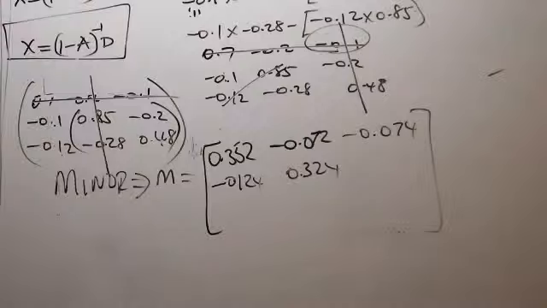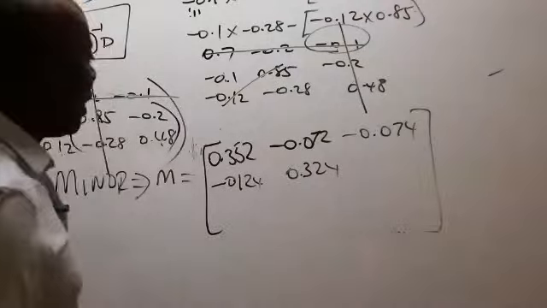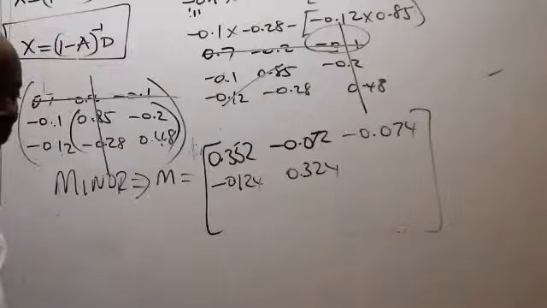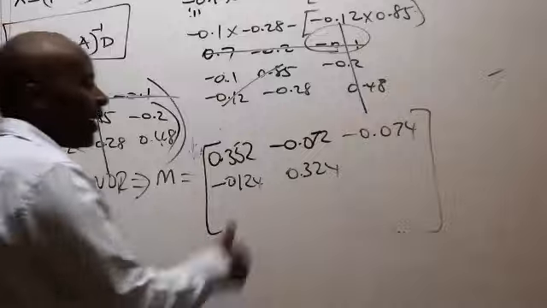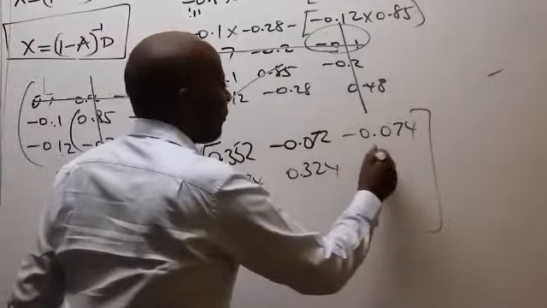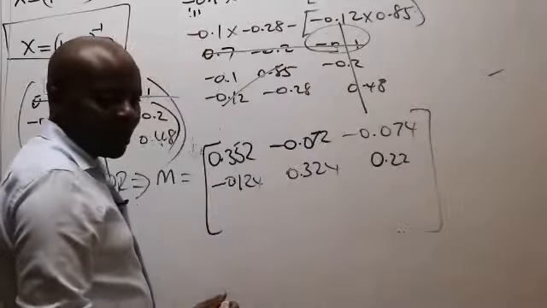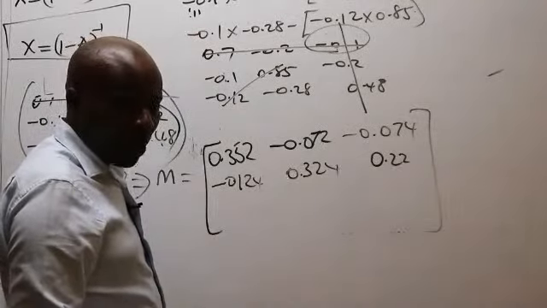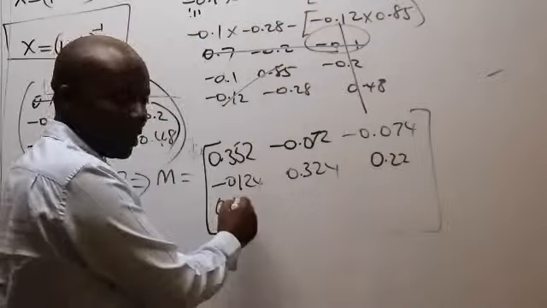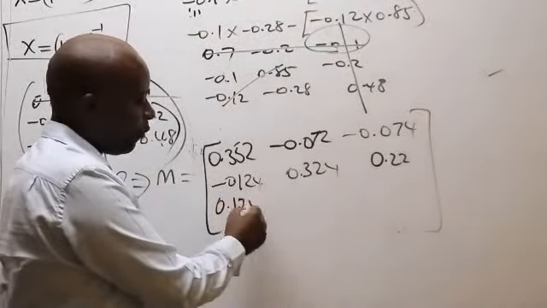So, ladies and gentlemen, what I'll do is simply to copy the figures that you have. We have 0.124, then we have 0.324, 0.22 here, then we have 0.175, 0.125.